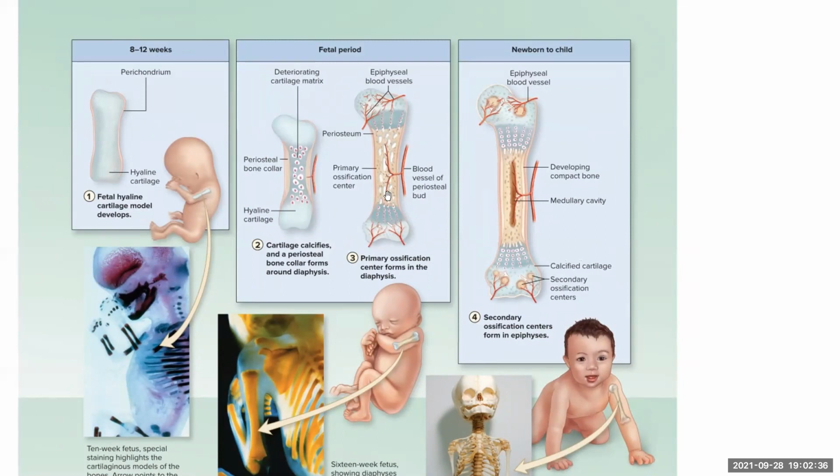And it starts from the center and it works its way towards the ends. And this is what happens by the 12th week. Most of the diaphysis now is turned into bone. Okay, that's step 3.